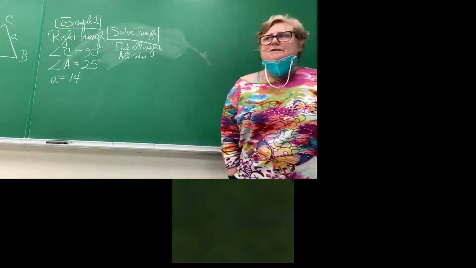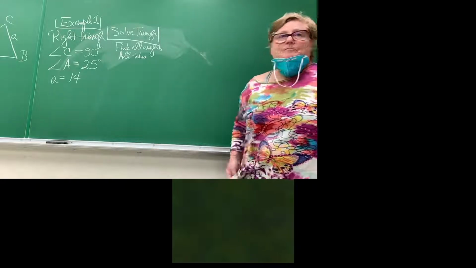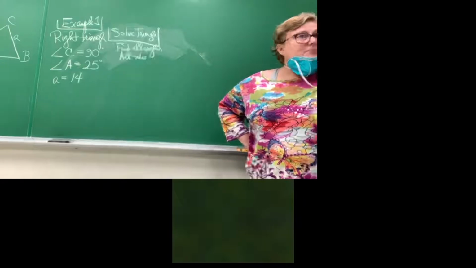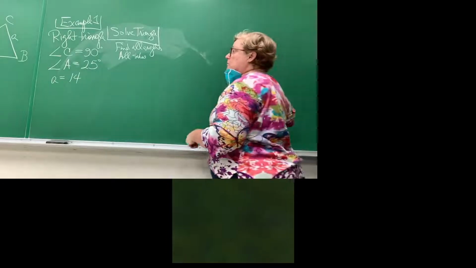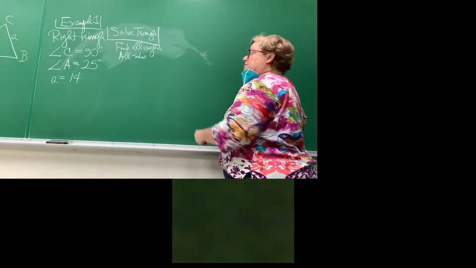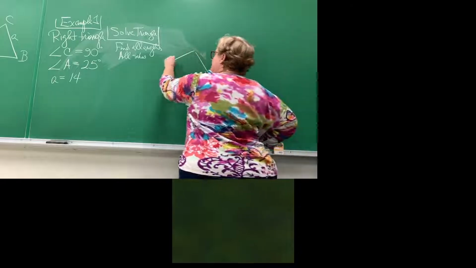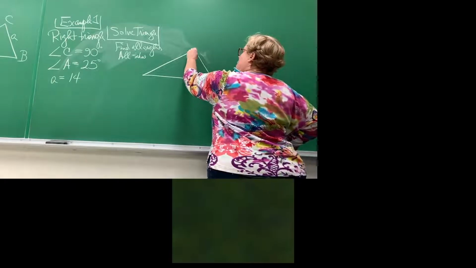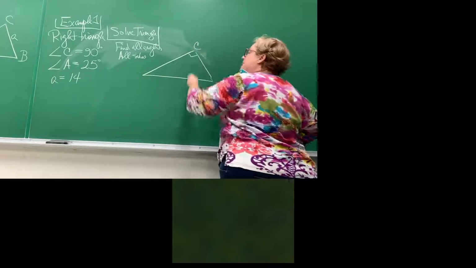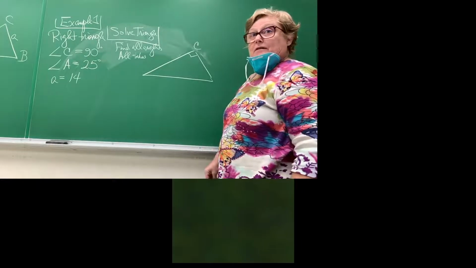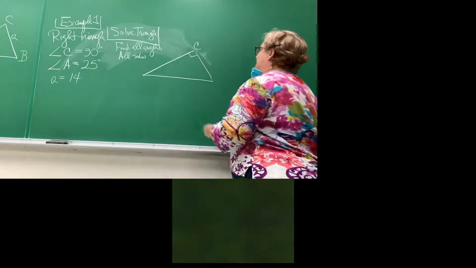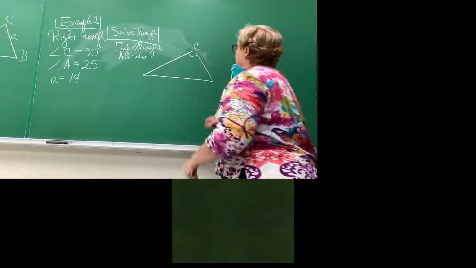Well, what should we do first? Find the big B. I think we should probably draw a picture. And then what were you saying, Tristan? Find big B. Good, very good. So let's see.